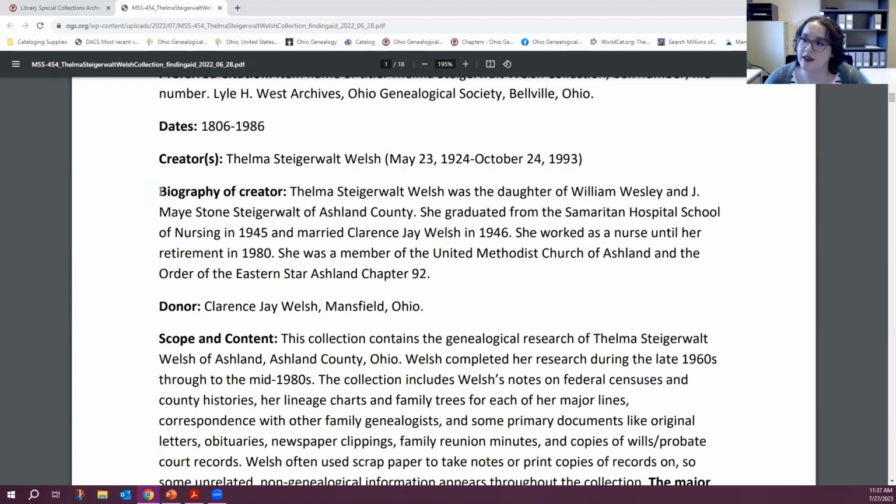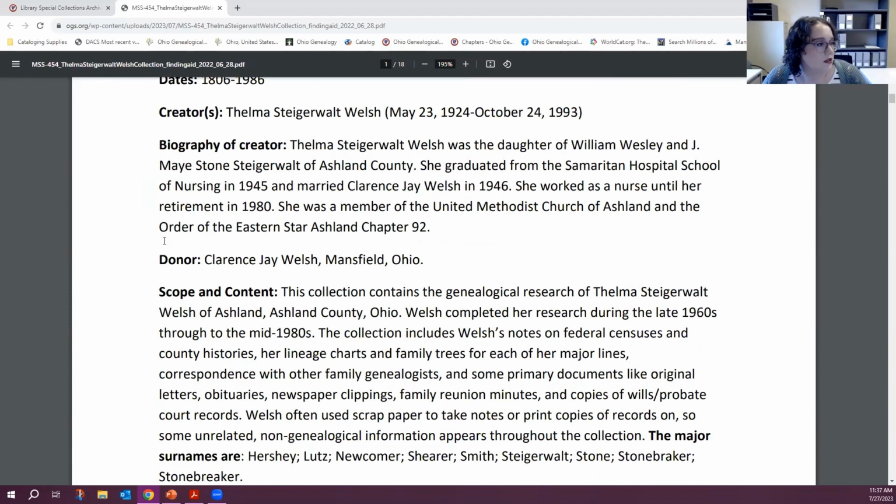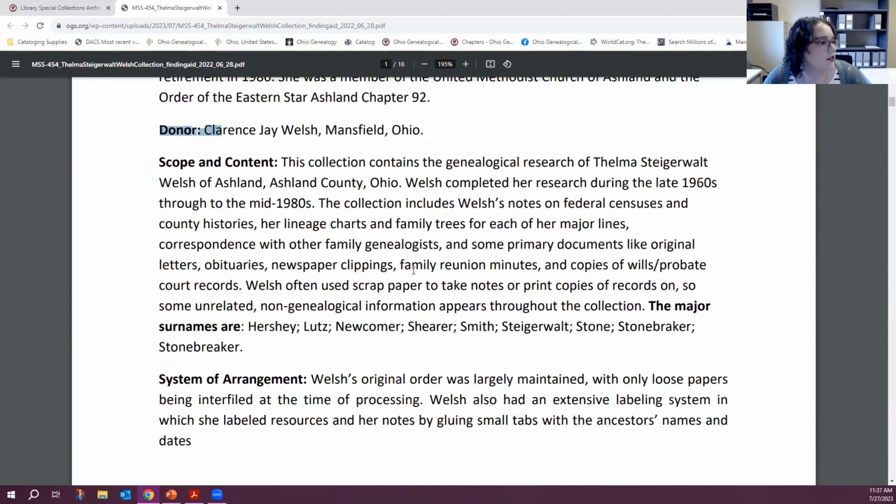So information like that. It's just a slightly different term when it's a company or a business rather than a person, but they are still considered the creator, even if they are a business or company entity rather than an individual living person. And of course we have the donor information.